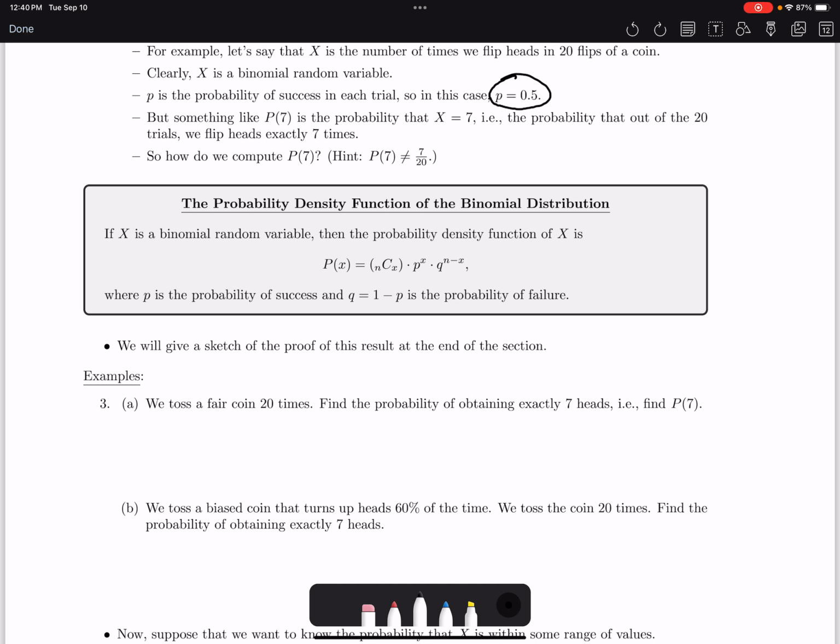For now, I'm going to ask you to take it on faith that this really is the correct formula. At the end of the section, there's a little sketch of a proof, not a full-blown proof, but a sketch to convince us that this is really the case.